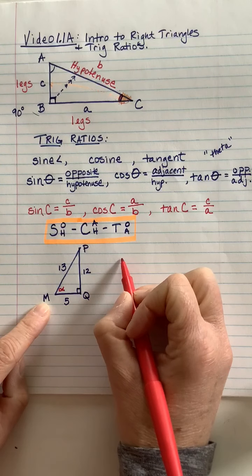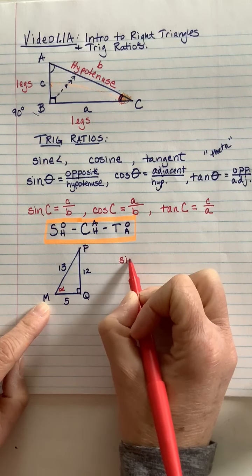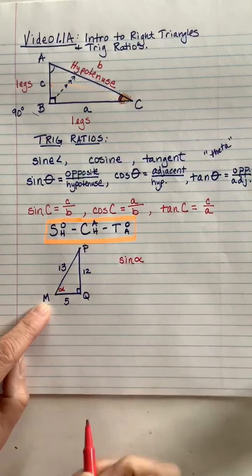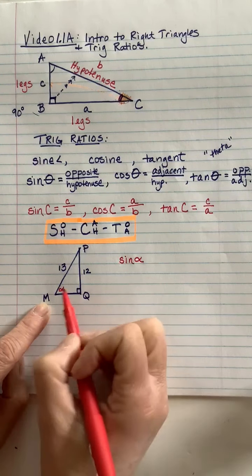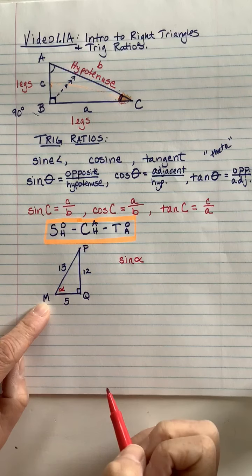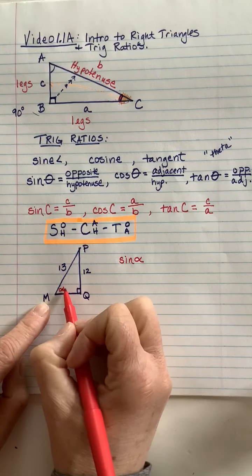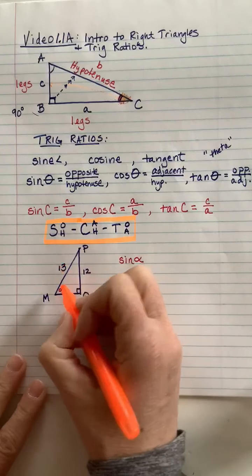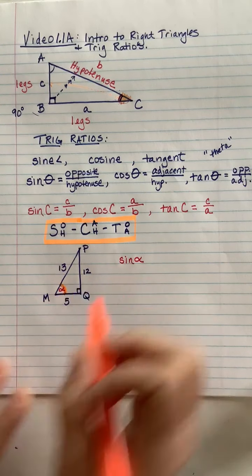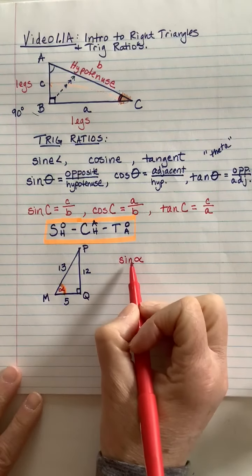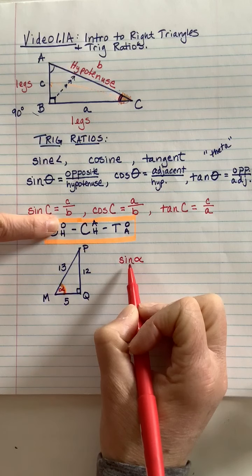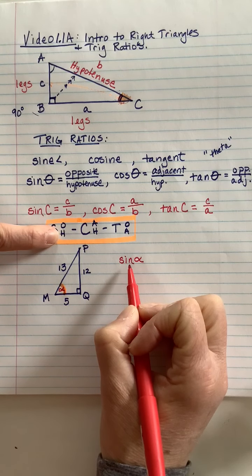So let's say we're looking at, let's do the sine of little alpha. Okay, so find little alpha. I usually like to kind of mark that angle. Highlighters are my favorite. So I'm going to mark that angle. Now remember, I'm thinking sine, so I'm thinking SOH. Going back up here, I'm looking for the opposite piece over the hypotenuse piece.